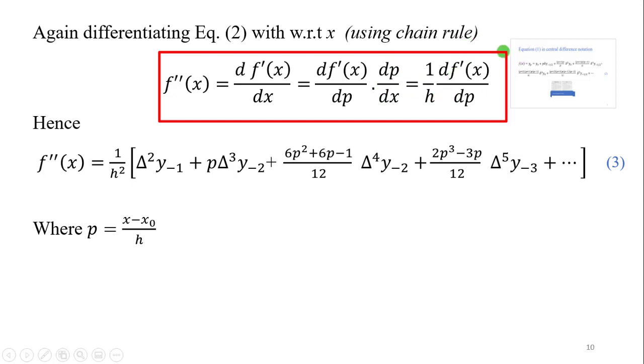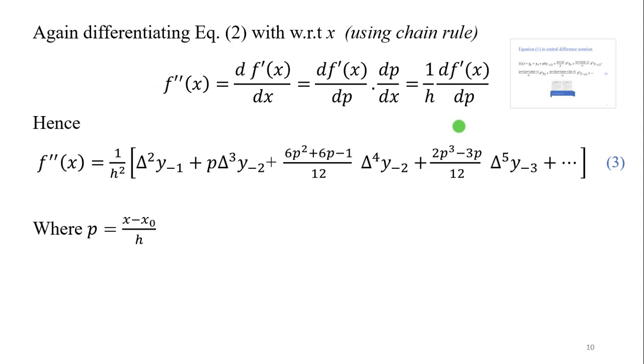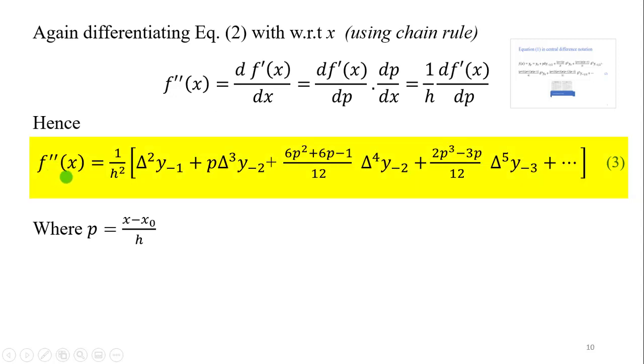We just find the rate of change of this function with respect to p, given in equation 2 here. After finding the value of df prime by dp and substituting here, we get another expression for f double prime at x, where x is any point near the central point, and p is equal to x minus x naught divided by h.